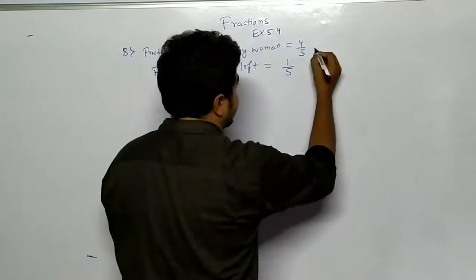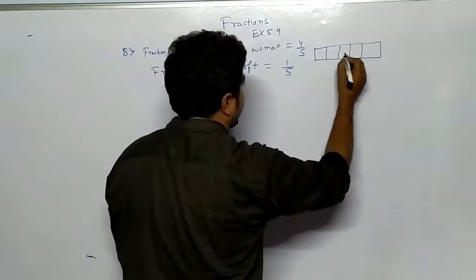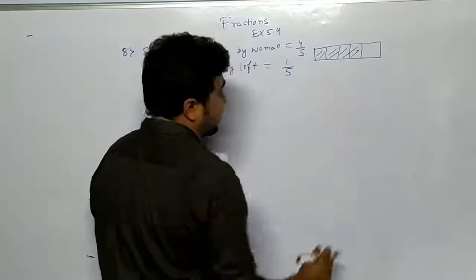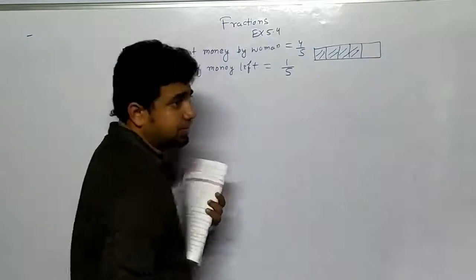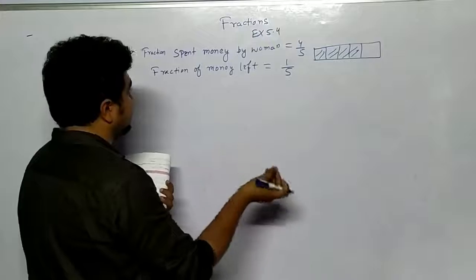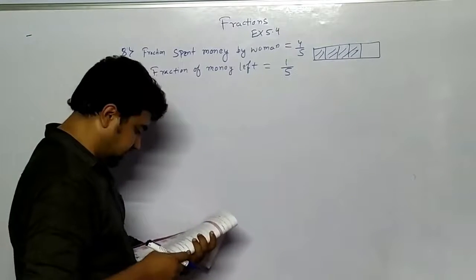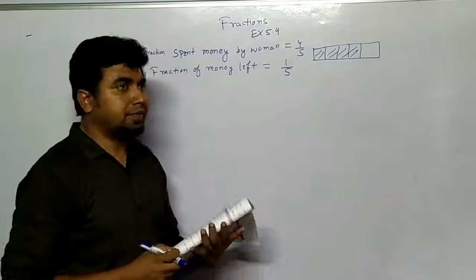Or you can understand like this also, that you are making 5 parts and 4 parts are already spent. Means what is left? 1 out of 5. The unshaded part is the money which is left, 1 by 5. And what is the money which is left? Here you can see clearly that money left is 225.